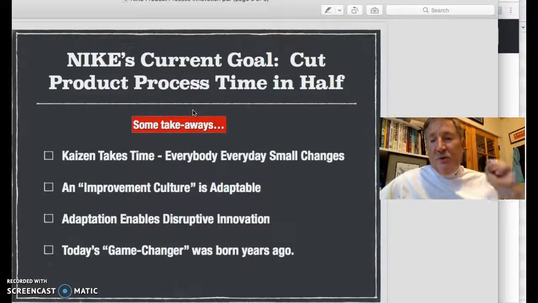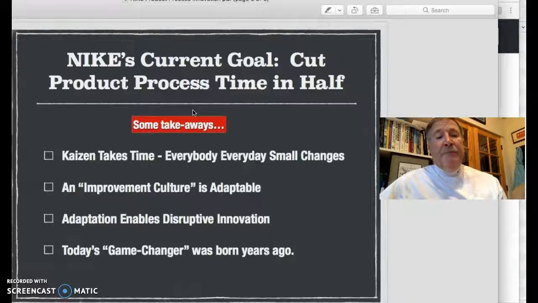We can respond to a unique order from a consumer for one pair, and we can make it, and we can ship it, and we can make money, which wouldn't have been believed prior to our Lean movement. Adaptation enables a disruptive innovation. So Nike got there first, disrupted the market, and put a lot of the competitors on their heels, wondering how they were going to do this.